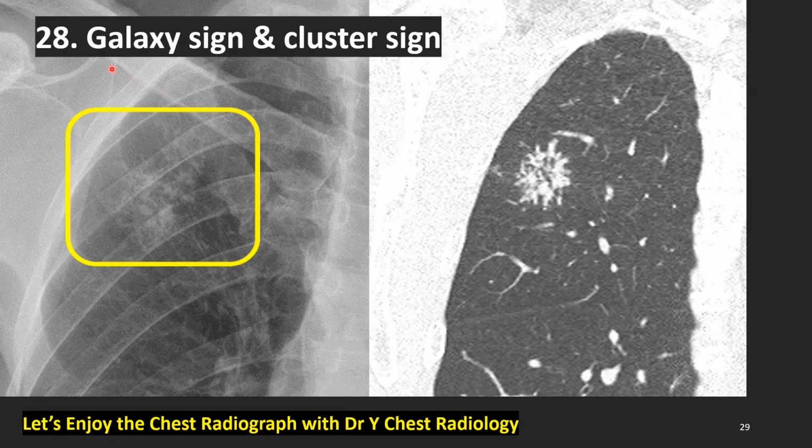Have you ever heard the name galaxy sign? Actually, it was coined at first by Japanese doctors on CT as sarcoid galaxy sign, which means in sarcoidosis on CT, the coalescence of granulomas in the center makes a nodule looking, and the surrounding small daughter nodules of granulomas are just looking like galaxy in the universe.